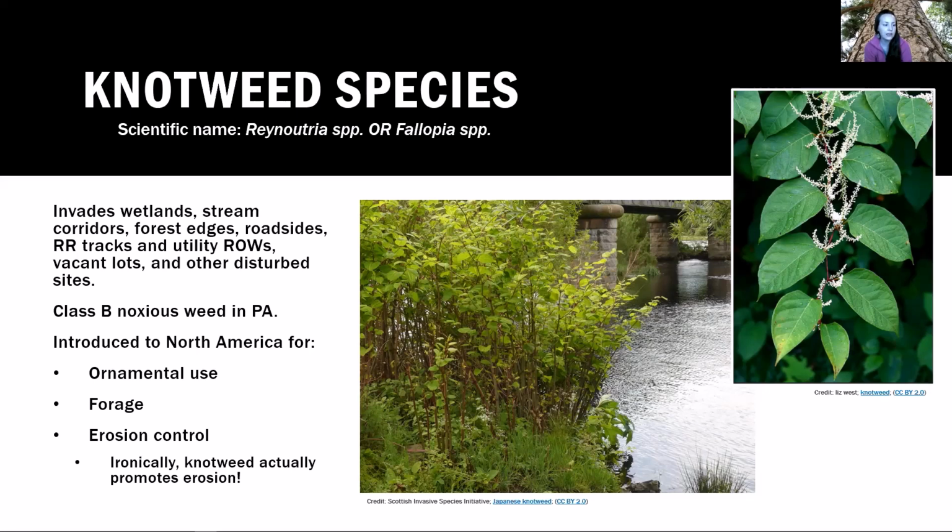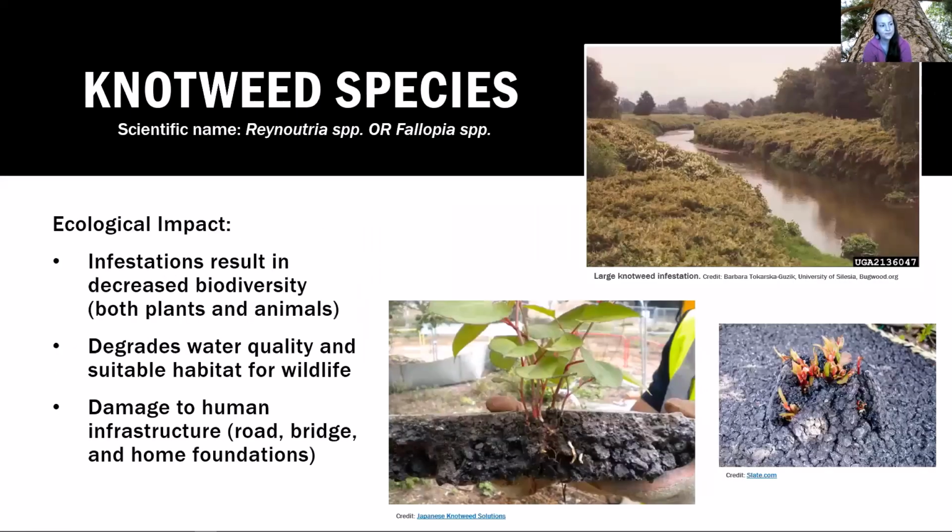In Pennsylvania, it is a Class B noxious weed, and it was brought to North America for a variety of different uses, just for ornamental use in people's gardens, but also for forage and erosion control. And kind of ironic that after it's already been introduced, we later find out knotweed actually helps to promote erosion rather than help to prevent it. So yeah, bad move on our part, unfortunately.